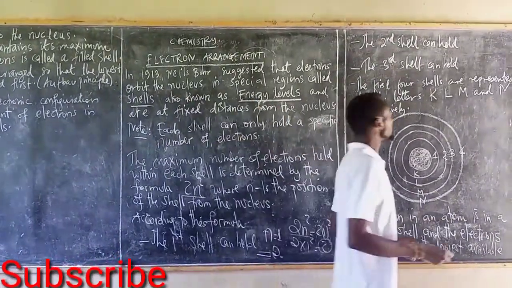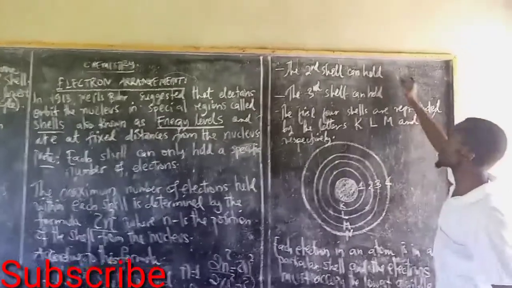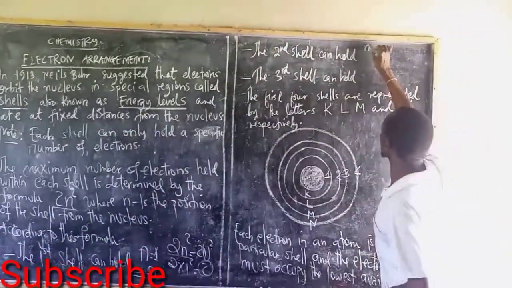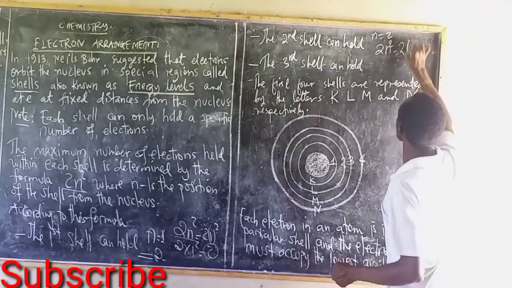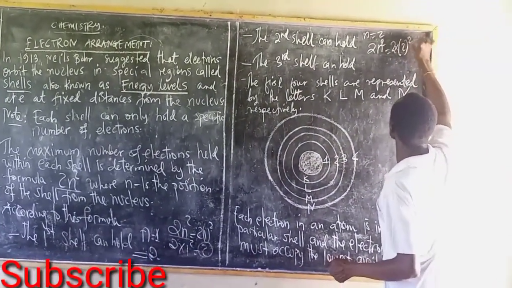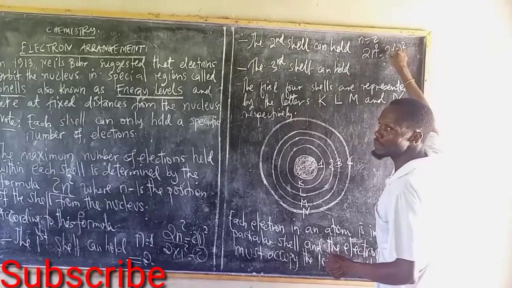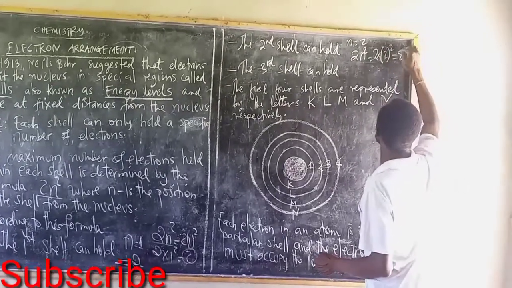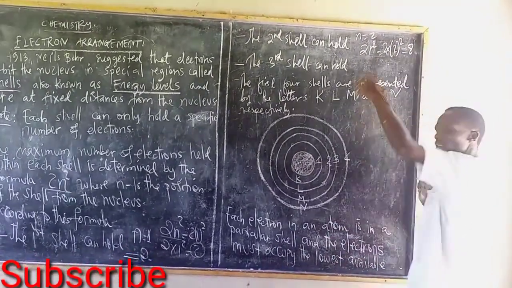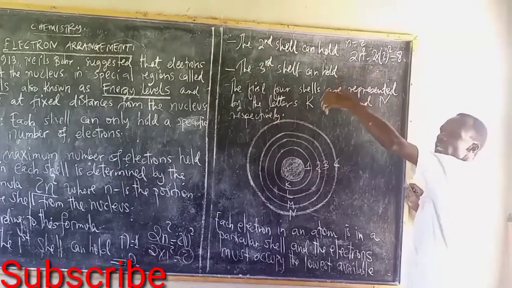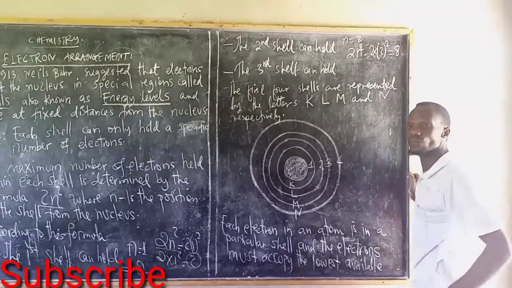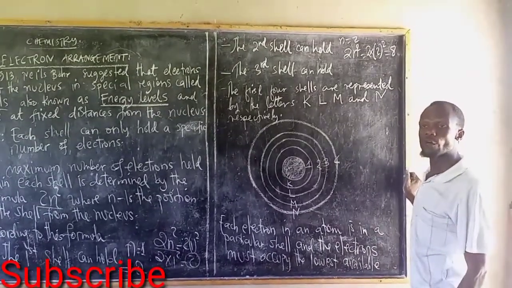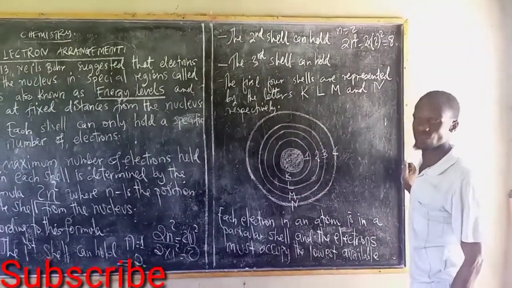For the second shell, n is equal to 2. From 2n squared, it is 2 times 2 squared. 2 squared is 4, and 4 times 2 is 8. So for the second shell, the number of electrons occupied in that shell is 8 electrons.